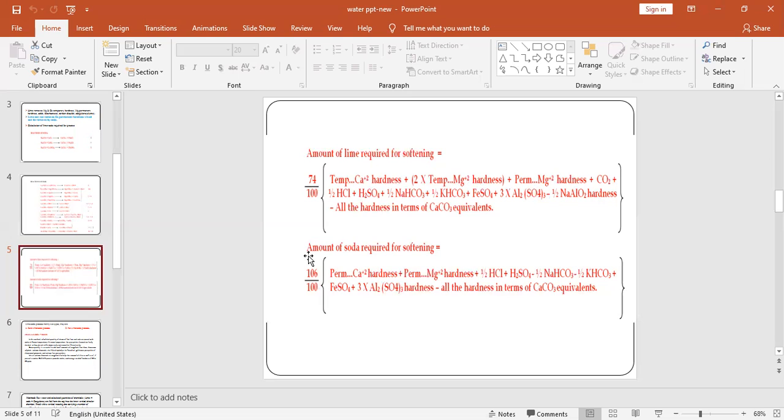Next is the formula for the amount of soda required for softening: 106/100 into permanent calcium hardness plus permanent magnesium hardness plus HCl plus sulfuric acid minus 1/2 sodium bicarbonate minus 1/2 potassium bicarbonate plus iron sulfate plus 3 moles of aluminum sulfate, all the hardness in terms of calcium carbonate equivalence.